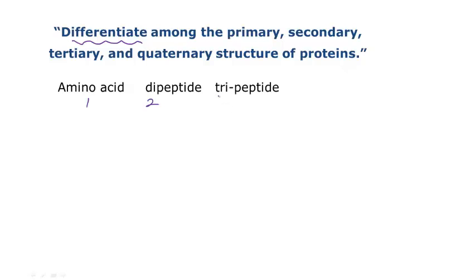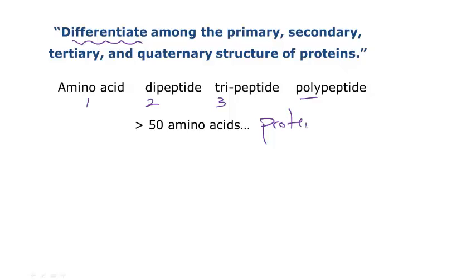If you have three amino acids all joined together by peptide bonds, you have a tripeptide. More than three, we might call a polypeptide. And then anything greater than 50 amino acids, we're going to call a protein.